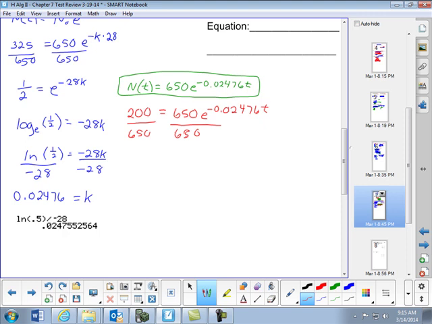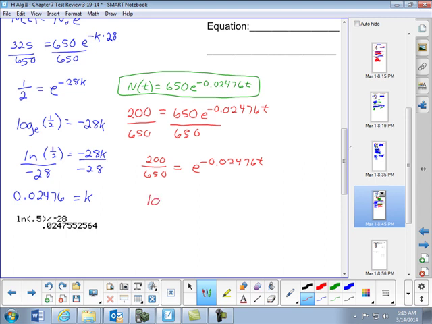And when we do, I'm going to go ahead and leave this as 200 over 650 equals e to the negative 0.02476 t. And then in order to change this to log form, we're going to swoop.